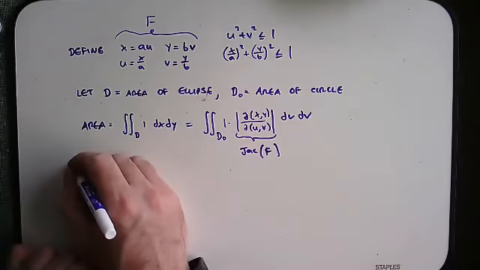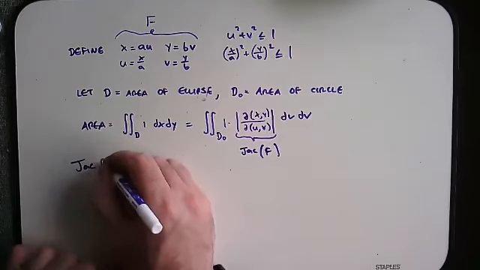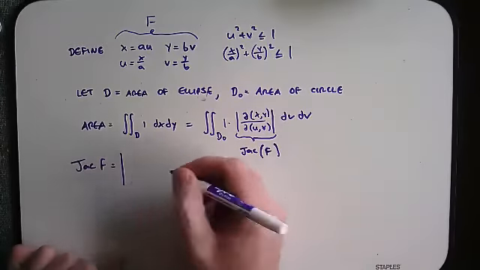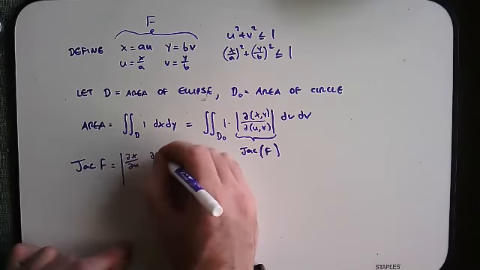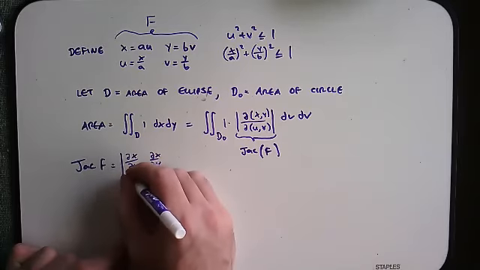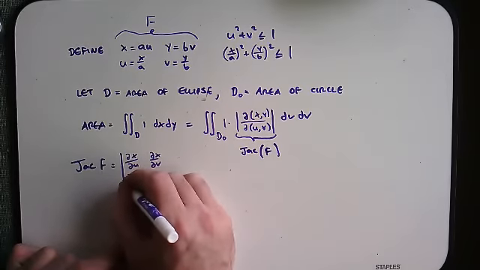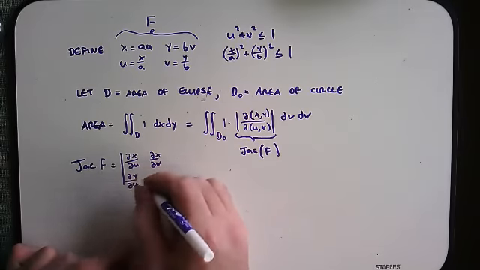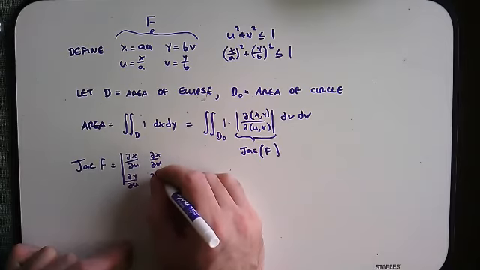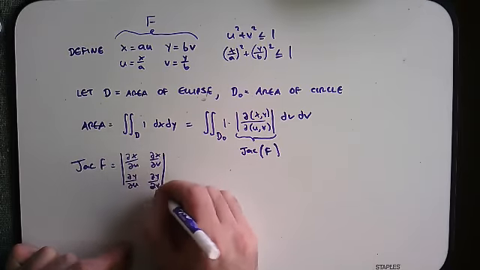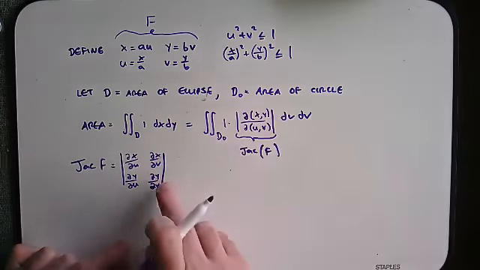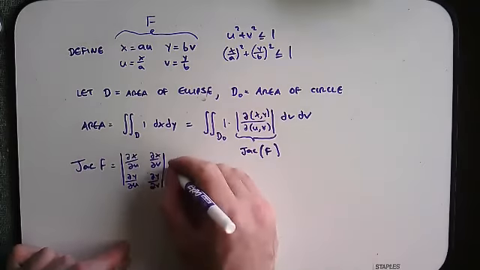Okay, so here's the determinant that we want: del x del u, del x del v, del y del u, and del y del v. Okay, so that's what's going to go into our new change of variables double integral.